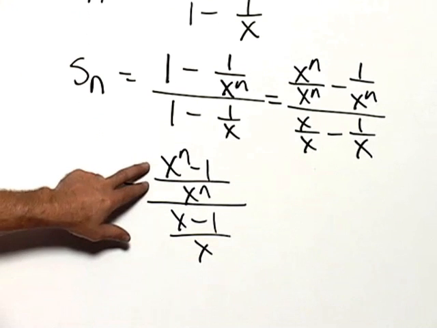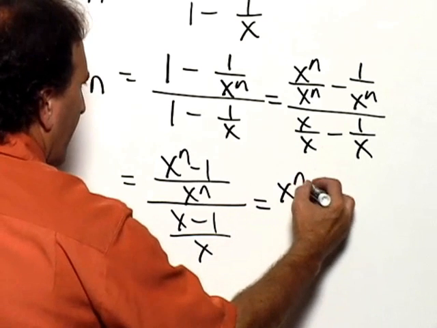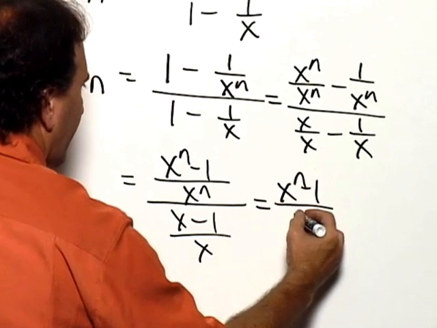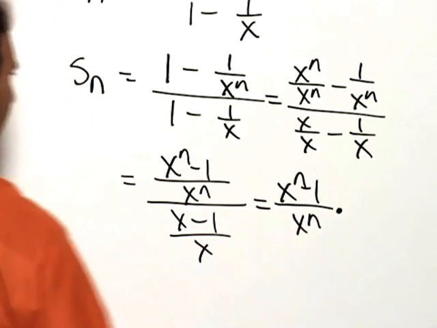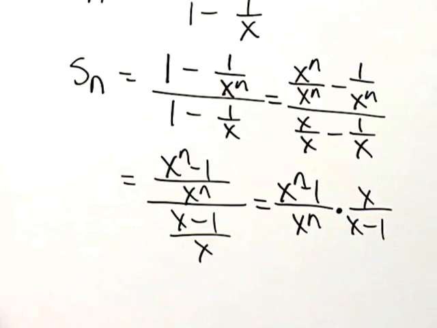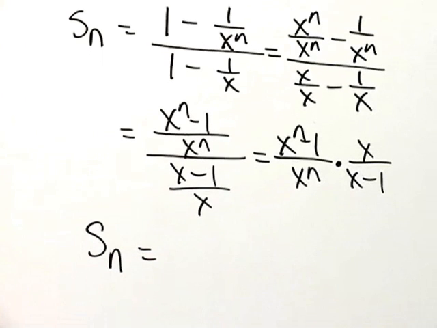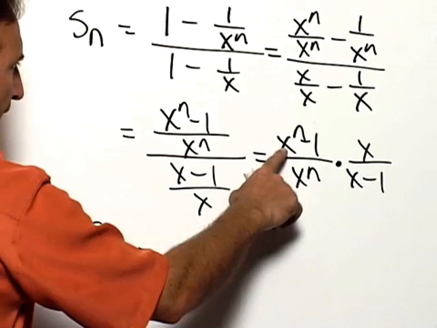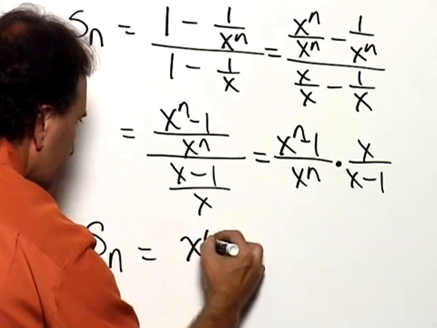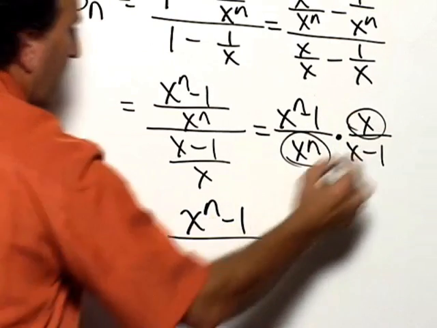We're dividing an algebraic fraction by another algebraic fraction, which means we can change that into multiplication by the reciprocal. So it's x to the n minus 1 over x to the n times the reciprocal, x over x minus 1. So our formula for S sub n is going to be x to the n minus 1 over... Now notice that we have x to the n and x.